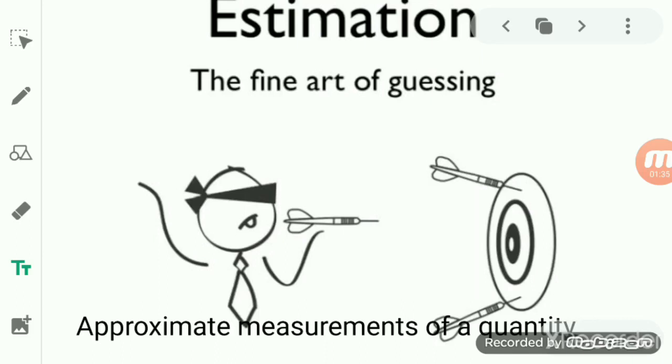Or while preparing a map of a place, the distance should be measured accurately. These are the different situations in which we do accurate measurement, and here you see that it is very important to get the accurate measurement.